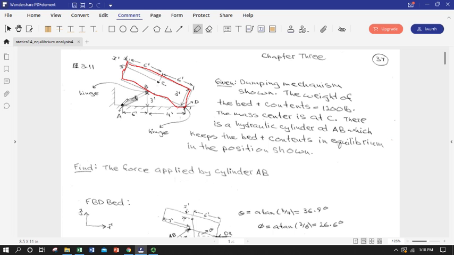And we've got some kind of hydraulic cylinder here that can push only in the direction that it's oriented, and that's fixed because we're told that the point of application is exactly 3 feet from this bottom surface, so that along with this measurement is going to define our angle here. And we're told the weight of the bed and the contents.